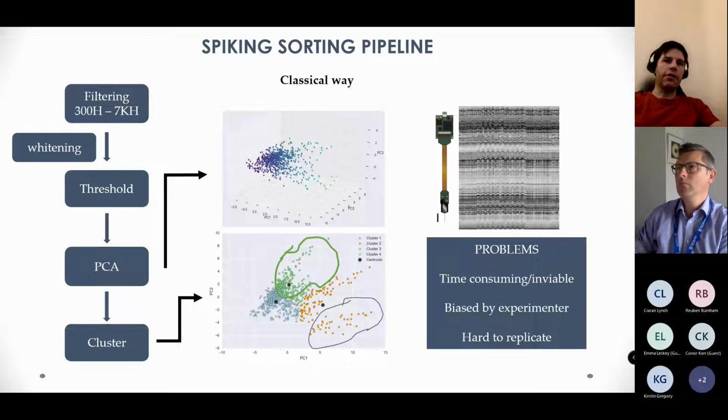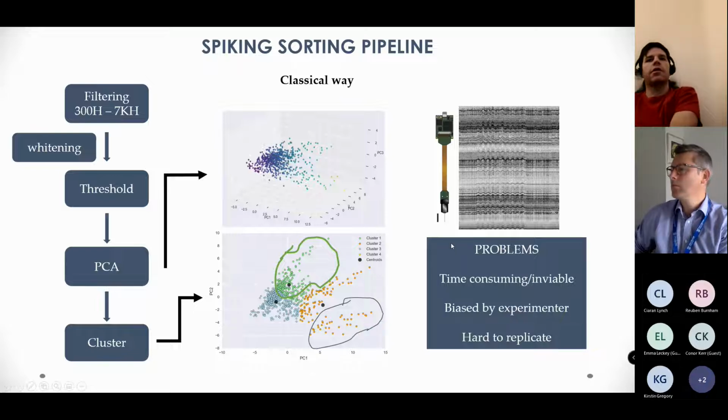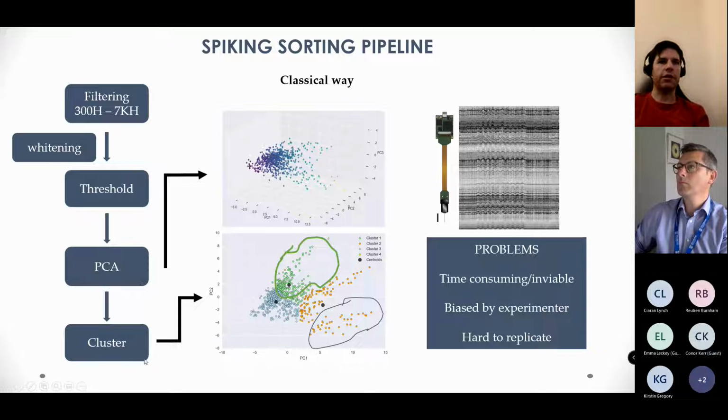And once you have this data spread, you can cluster it using some clustering technique. Usually we did this manually, running one script for each, and now some people create scripts that can do it automatically. We still have to go and look at these clusters and these spikes to see if they're just noise or if they're real spikes.